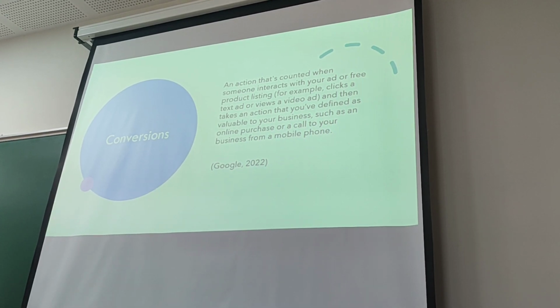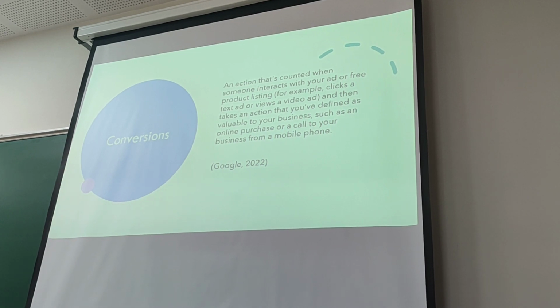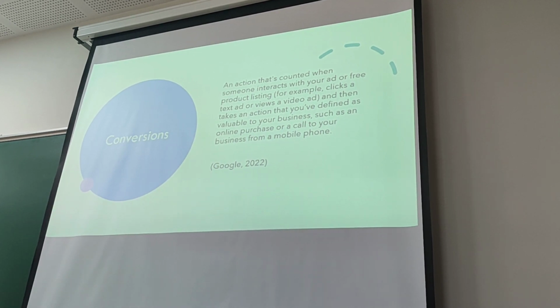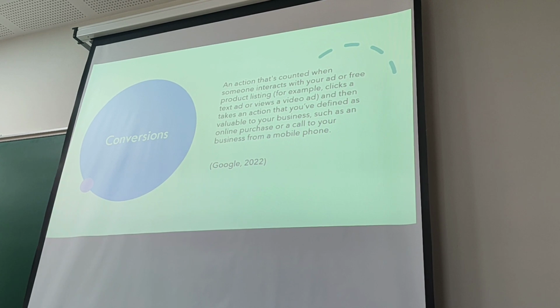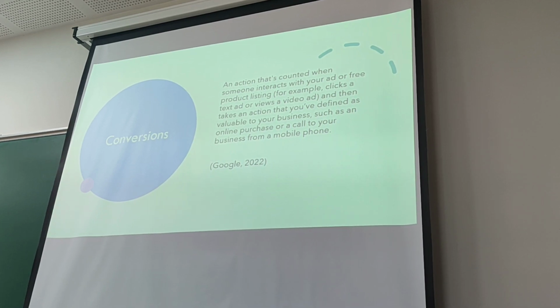On an ad, a conversion is an action that's counted when someone interacts with your ad or free product listing, for example clicks a text ad or views a video ad, and then takes an action that you have defined as valuable to your business, such as an online purchase, a call to your business from a mobile phone, or going to the location. You define what that action is. Google doesn't decide what your conversion is. You decide what a conversion is. It's whatever's important to your business.